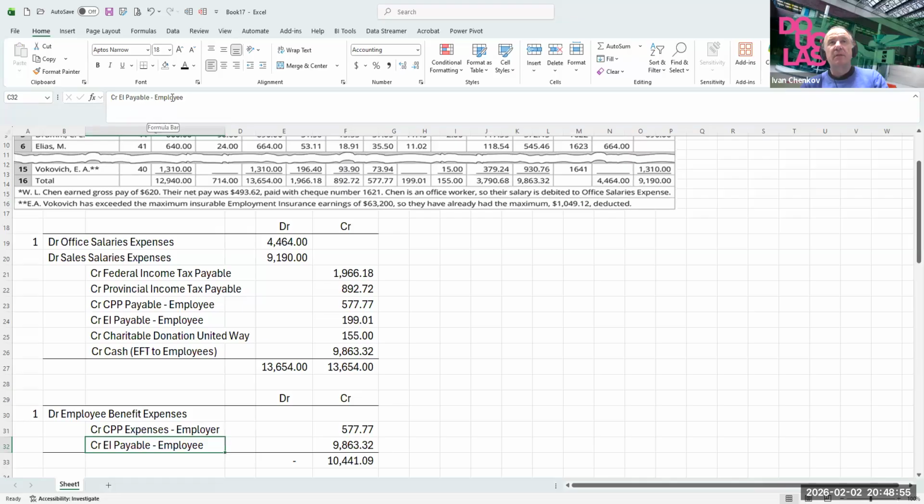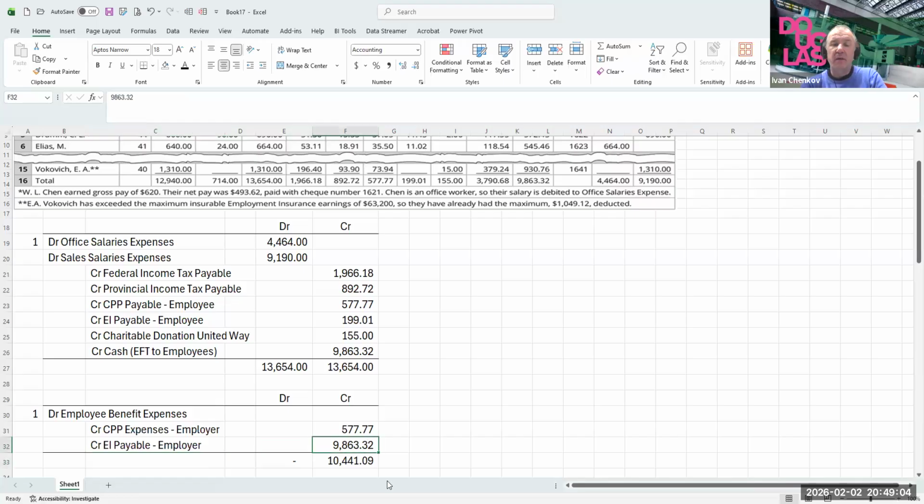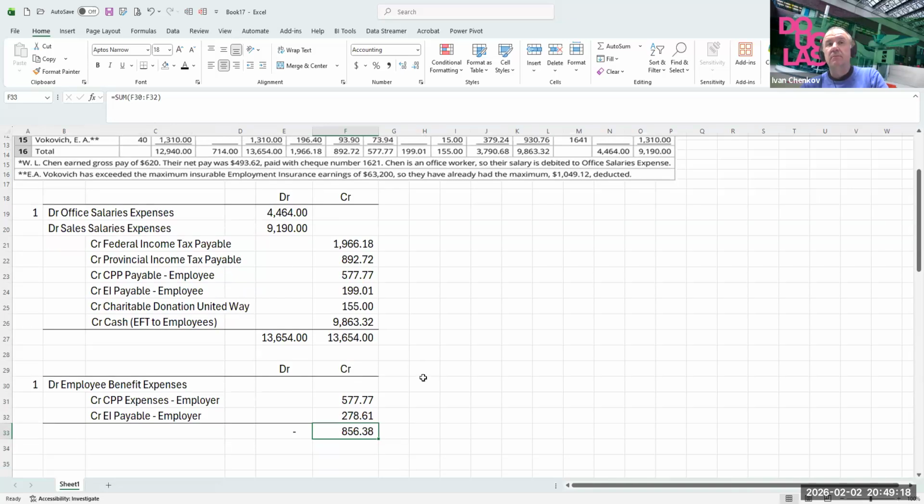Employment insurance payable, but that will be employer, not employee. And that will be what the employee paid, what we deducted from the employee and paid to the government, times 1.4. So in total, the employee benefits payroll is 856.38. So that will be the amount that we're going to debit here, 856.38. Now we're in balance. The entry is completed.